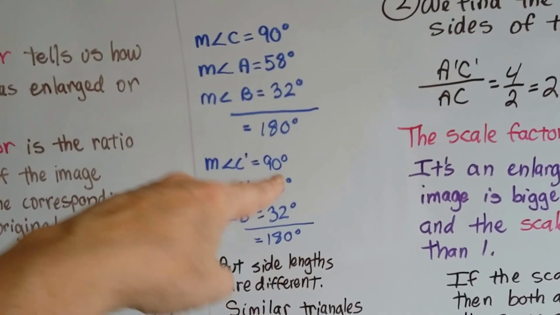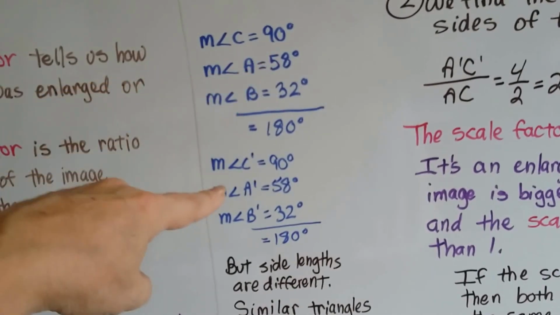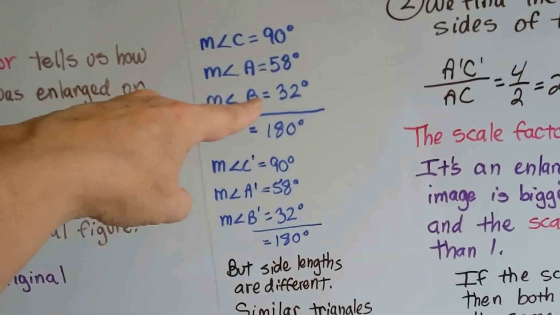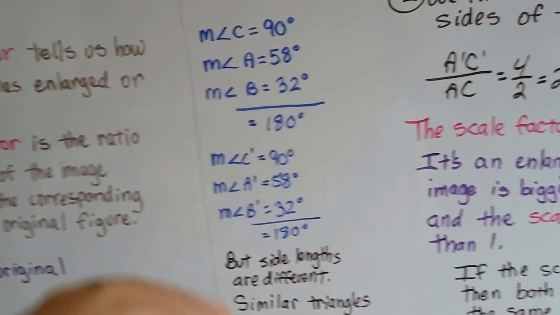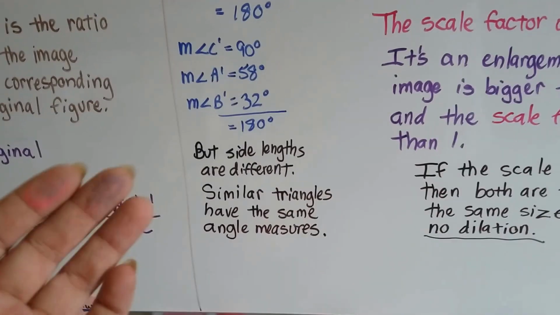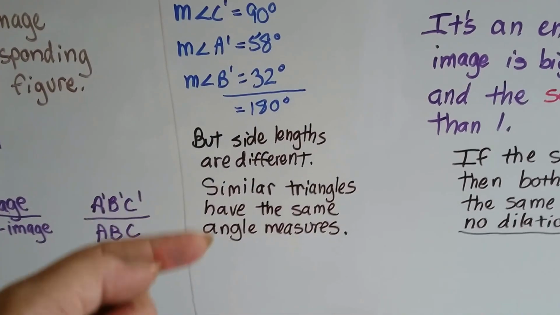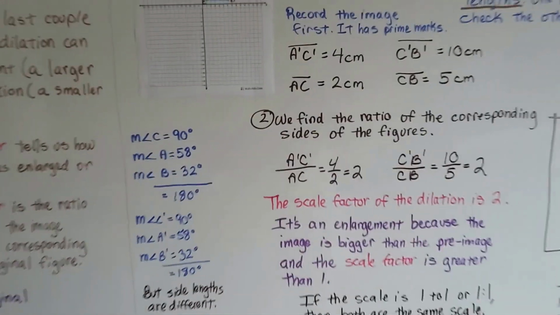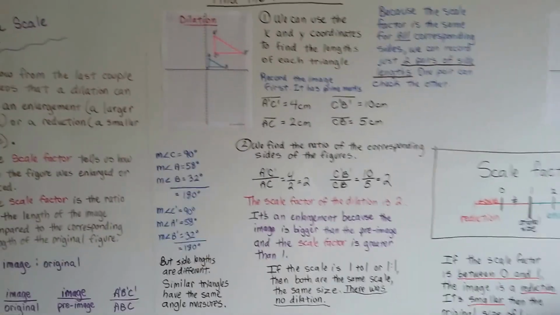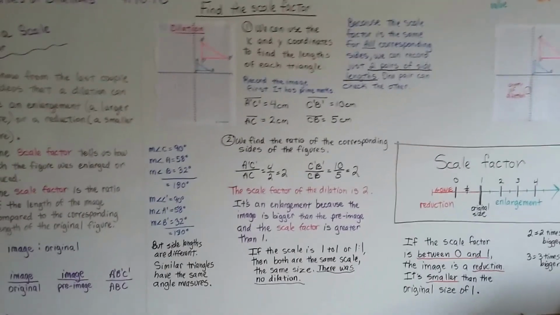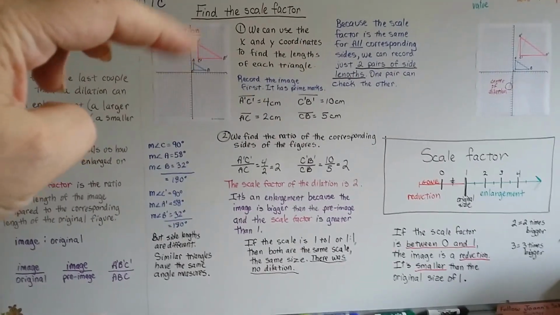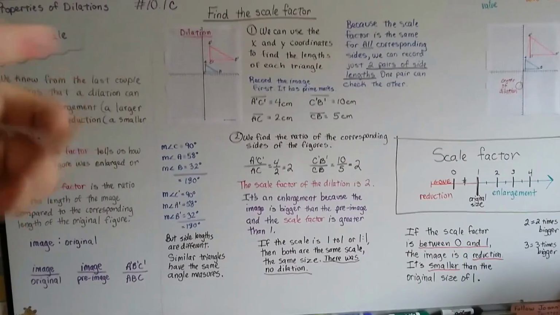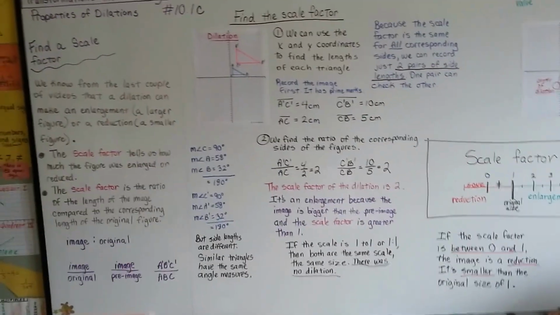The measure of angle A is 58 and A prime is 58. The measure of angle B is 32 and B prime is 32. Well, the side lengths are different, but similar triangles have the same angle measures. They just have different side lengths, see? So your angle measures are going to be exactly the same. These are similar triangles with the same angle measures, but the lengths are different, okay?